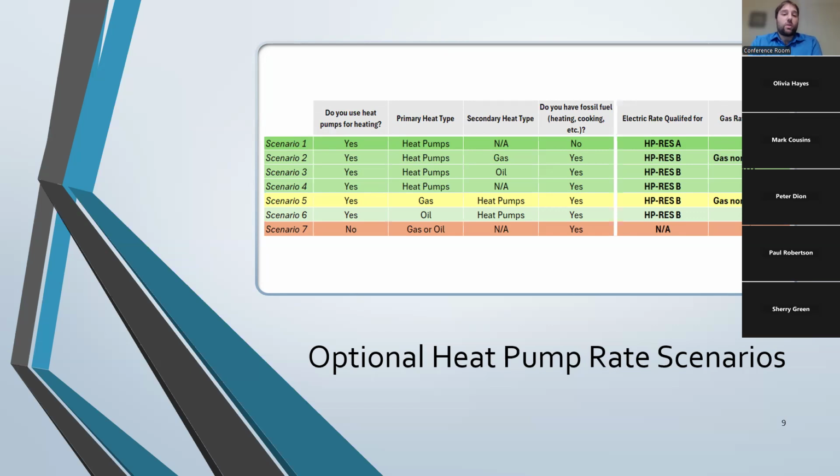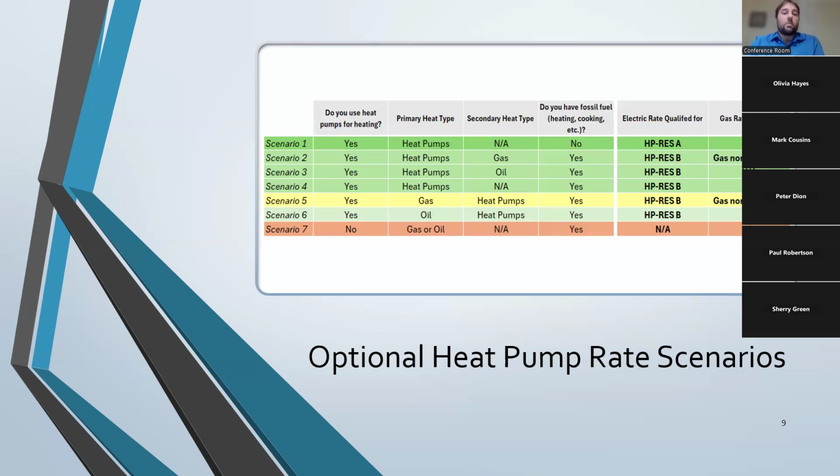That's going to be a really good situation for you. If you have primary heat gas, that yellow column there, and you have secondary heat pumps, that yellow means I should analyze this and make sure, because if I use gas as the primary, maybe this rate isn't for me and I just use the heat pump for one room or in one zone and don't use it a ton.